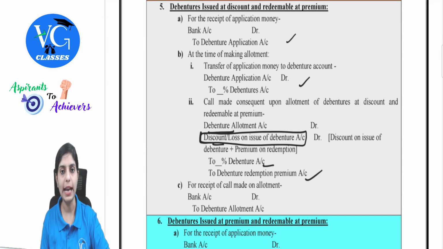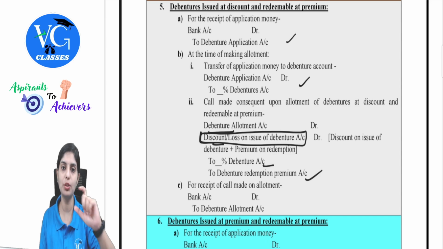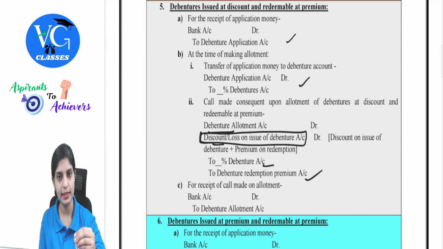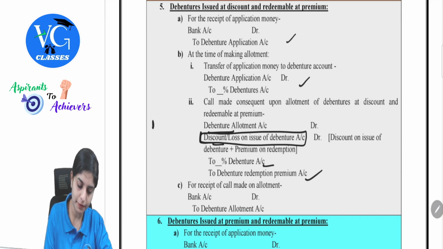The Companies Act prescribes that if you have both such losses, you will add up both and show them as one account and need not write both accounts separately. If you write them separately, it is conceptually good to understand, but I suggest you merge the amount and then write, because that is how it is evaluated in your exams as well. Now, what I am trying to tell here is, for example, if the discount is rupees 2 and your premium is also rupees 2.